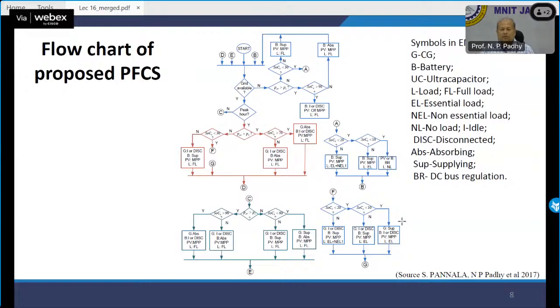UC represents ultracapacitor, L represents load, FL represents full load, EL is essential load, NEL is non-essential load, NL is no load, I is idle, disc is disconnected, ABS is absorbing, SUP is supplying, and BR is DC bus regulation.